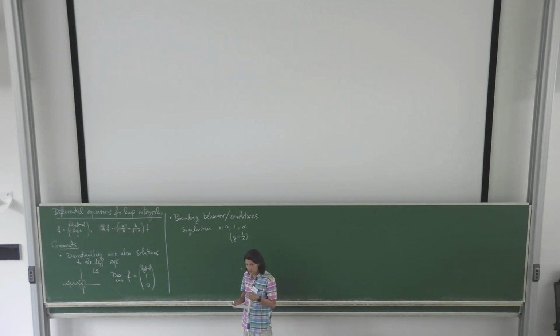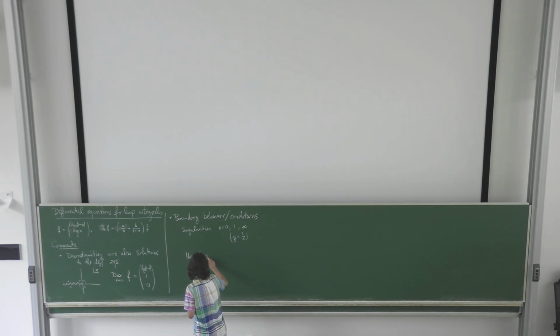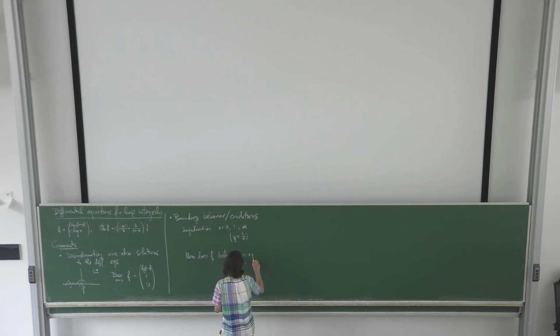But now, how do the functions behave more specifically as we approach one of these potentially singular points? So there also the differential equations can help us. And now let me just take, without loss of generality, x equals 0. So how does f behave as, for example, x goes to 0?